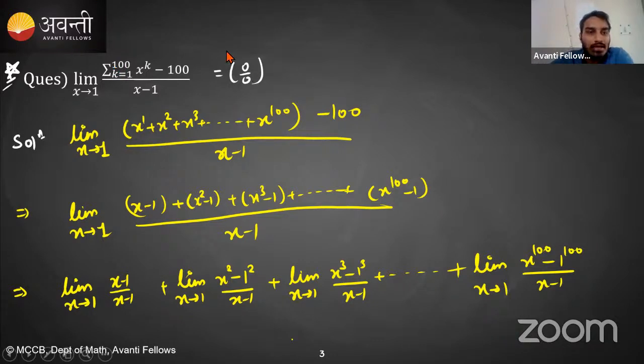That's why I told you in the last class also that the fundamental theorems of limits are really important, because we will be using them in most of the questions. I hope this is clear now. If you have any doubt, students, please let me know in the chat box. If it is clear, then let's proceed to the next question.